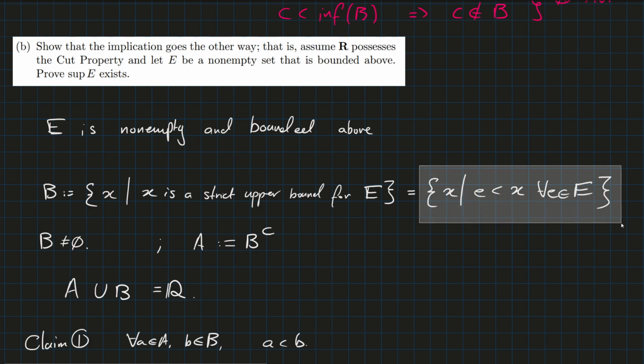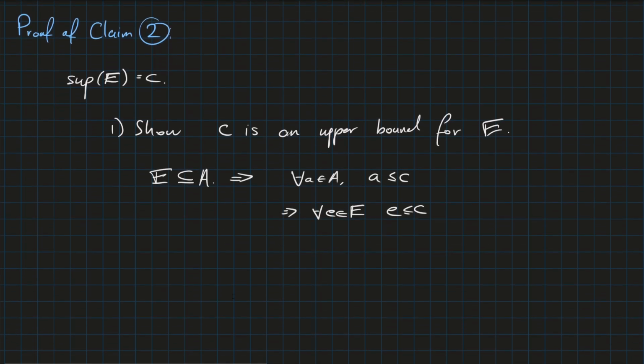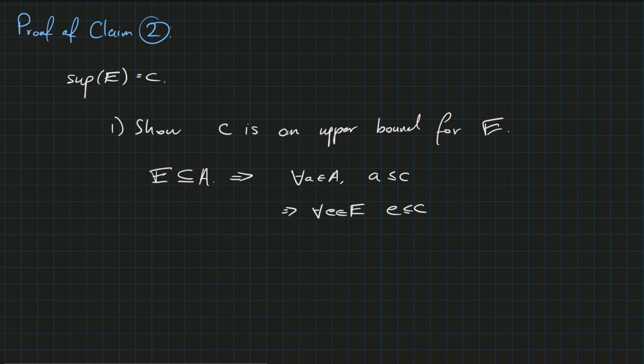Because we're thinking about all the strict upper bounds. So it's in the complement. A is a complement, right? Okay, so that's it.